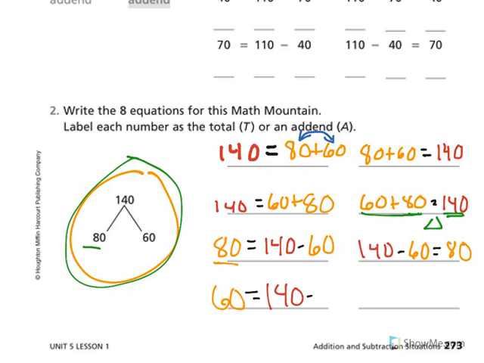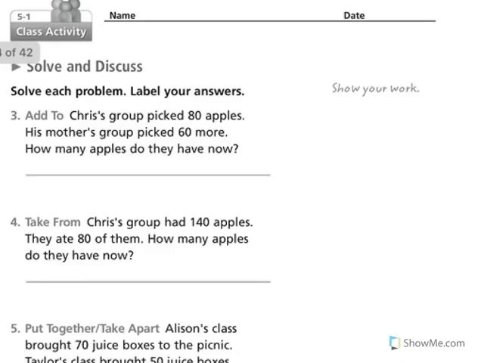That's right, the other addend, 80. And then, last one on the side, we're going to just swap the position of the equal sign. So we'll have 140. We're going to take away that same addend, 80. And what's it going to equal? 60. Perfect. Okay. Now let's move on.